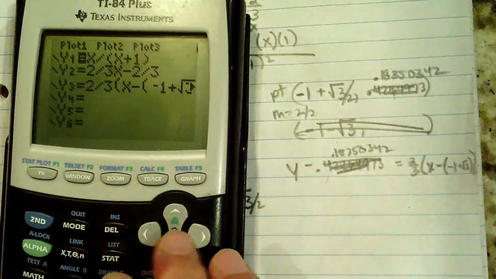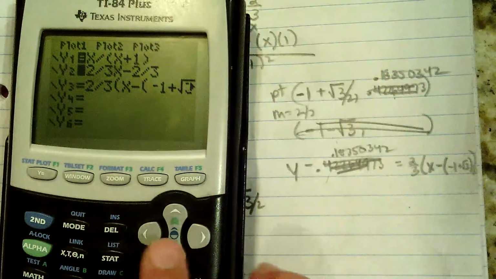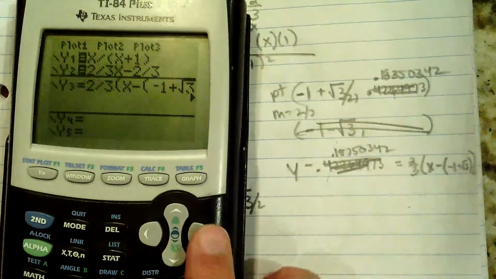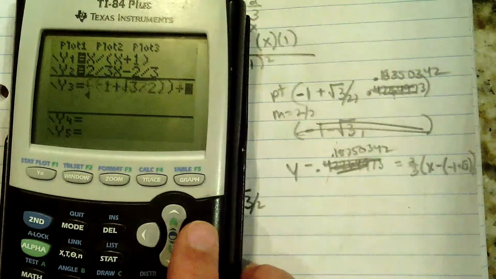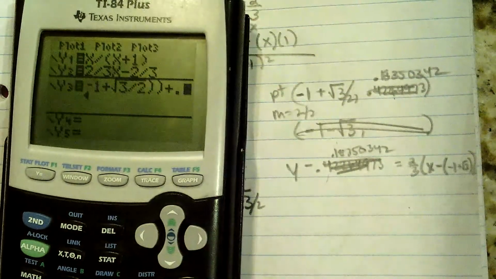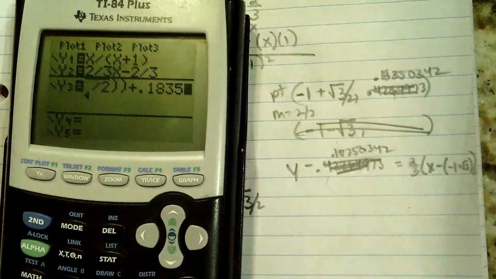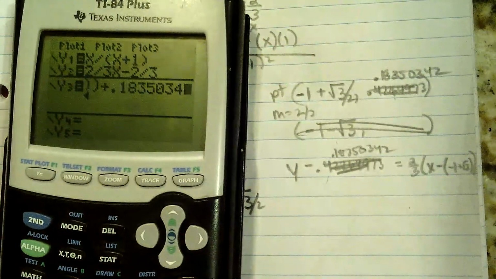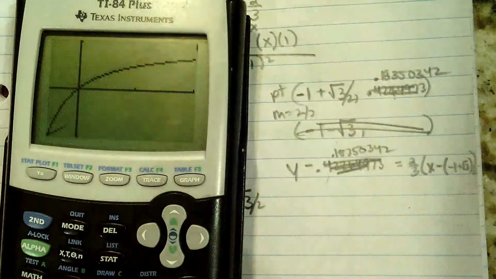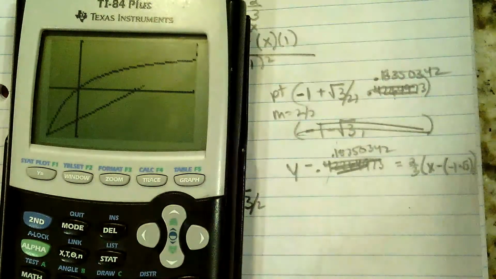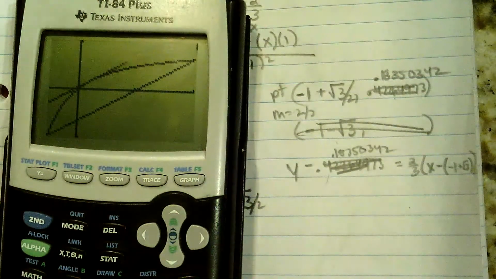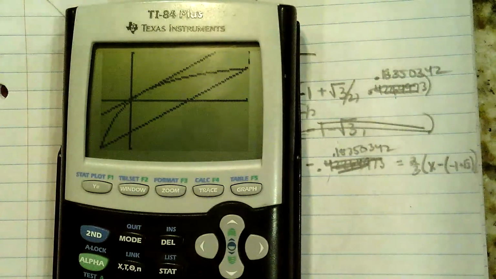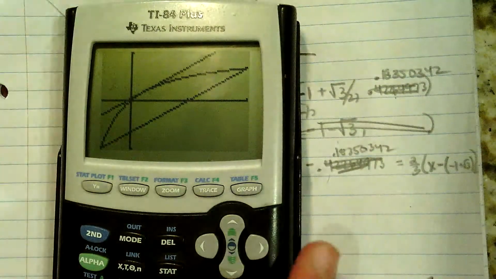Brainstorming. Lord help us if this doesn't fix it. 2/3. Got that. Plus 0.18350342. Secant. Please, please, please. Oh, nailed it. Okay. See, just one little mistake, you guys.